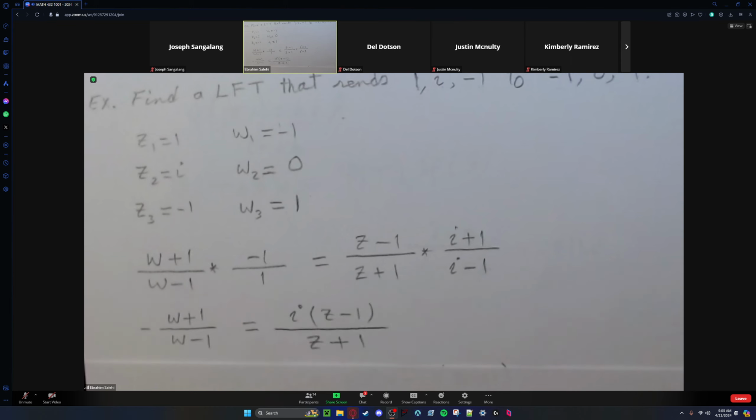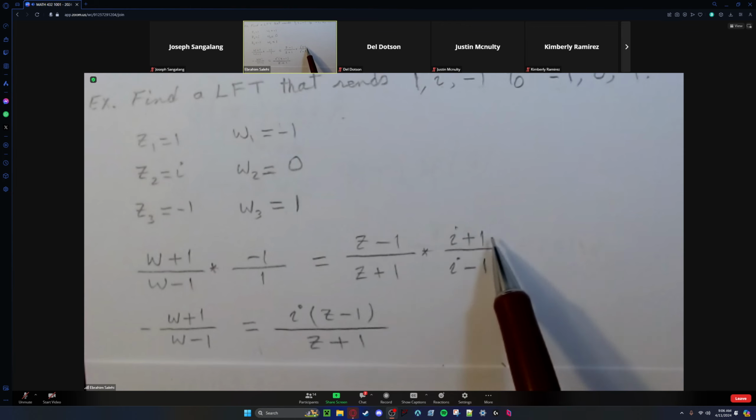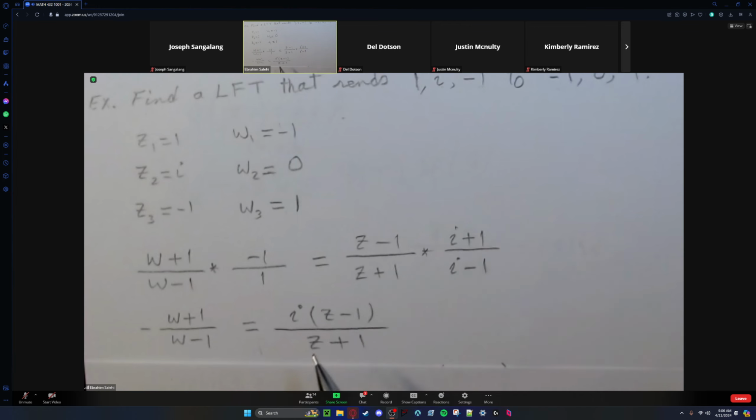Here's what we are going to have. This negative 1 just goes right there. And if you multiply this by the conjugate of the denominator, you get 2 here and 2i on the numerator. So the right-hand side will be this.